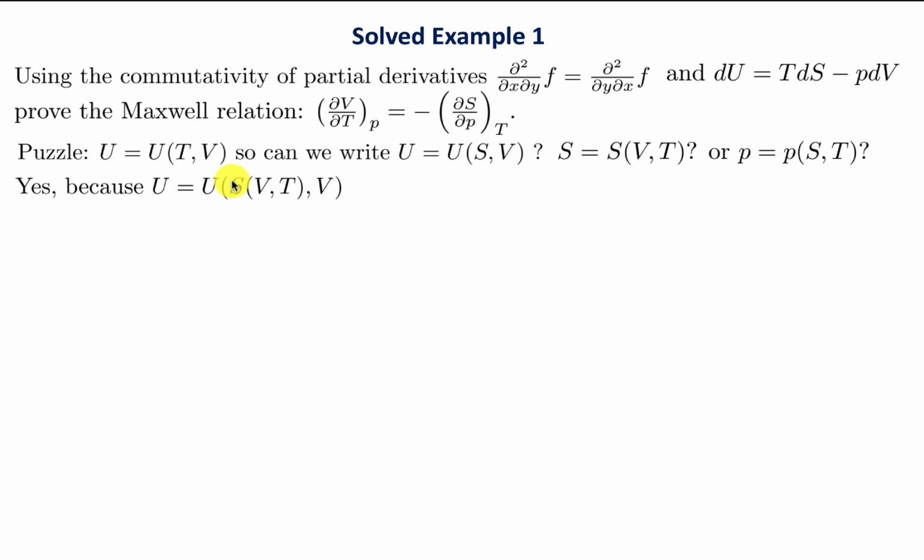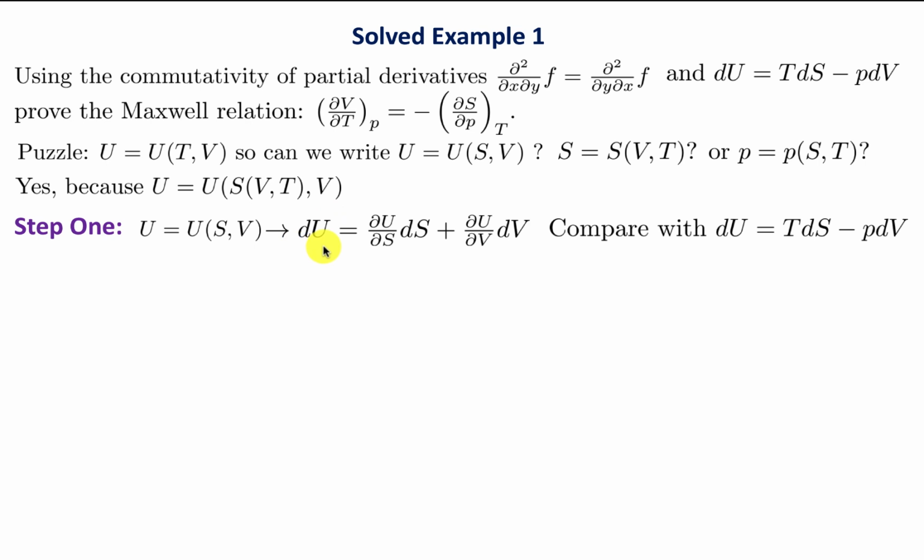So now in proving this Maxwell equation, let's look at the steps involved. First, consider U as a function of the entropy and the volume, in which case, obviously, dU is then dU by dS at constant V plus dU by dV at constant S. If we compare this form of dU with the earlier form of dU, which was T dS minus P dV, like over here, then obviously the coefficients have to be exactly the same.